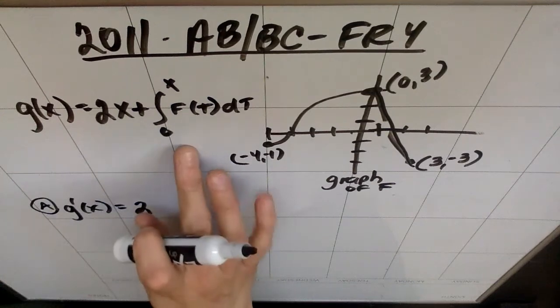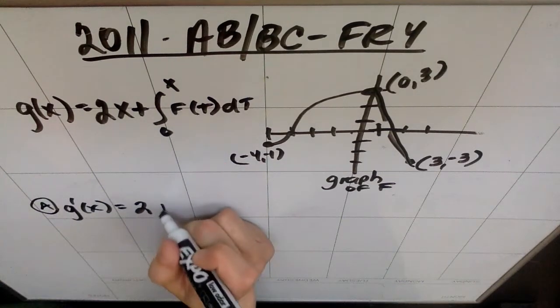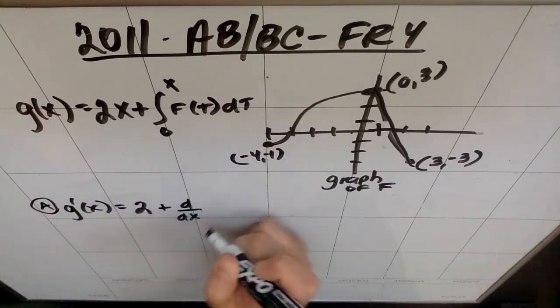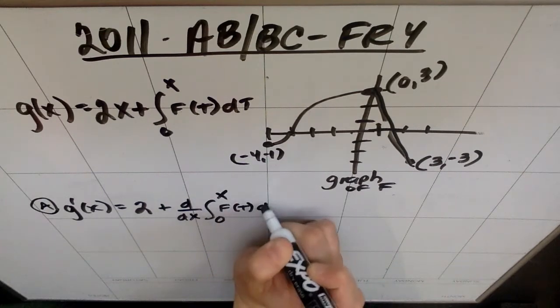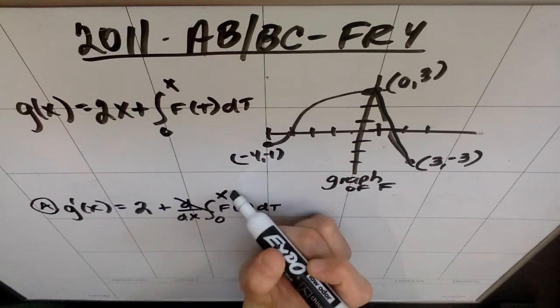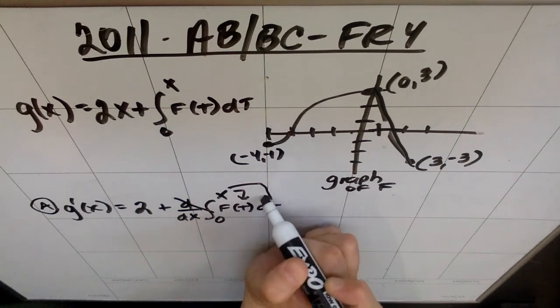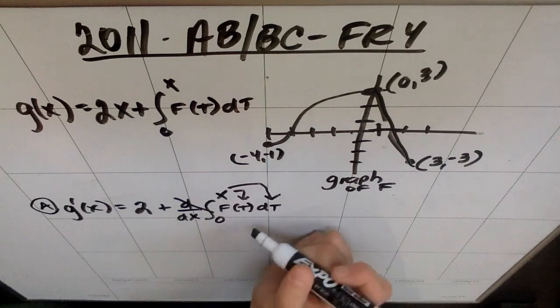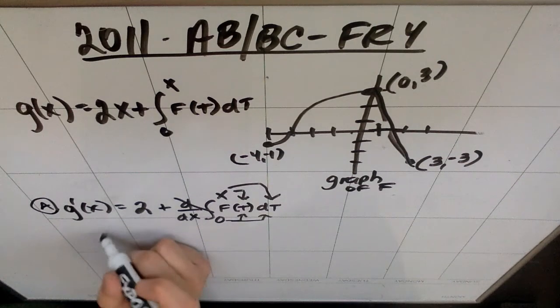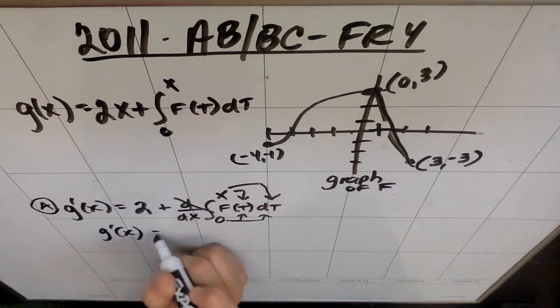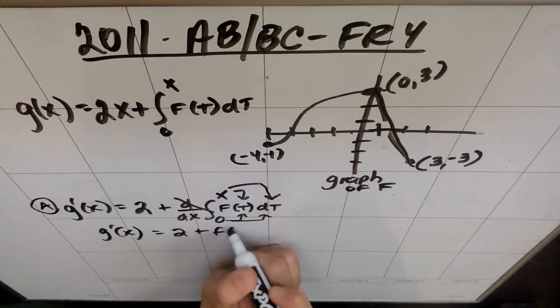And then when you derive an integral based on the second fundamental theorem of calculus, it's the derivative with respect to x of the integral from 0 to x of f of t dt. These are basically going to cancel, and you're going to get f of x times the derivative of x, which is a 1, minus f of 0 times the derivative of 0, which is a 0. So you're going to get that g prime of x is 2 plus f of x.